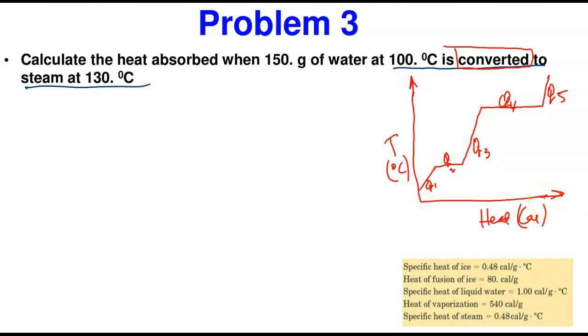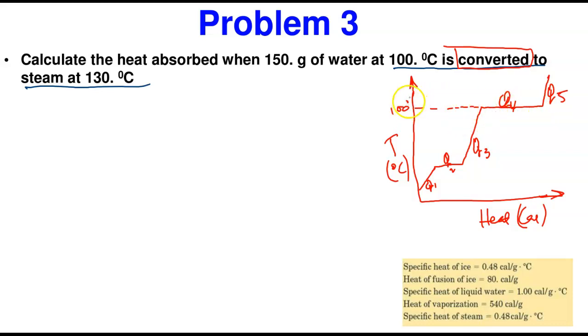So what are the two things happening here? It says, what is the amount of heat absorbed when 150 grams of water at 100 degrees Celsius is converted? So we are starting from this. Now listen, it changed. That means you don't have anything here. 150 grams of water at 100 degrees Celsius means you have it at this point, so basically you have a mixture of water and gas at this point.